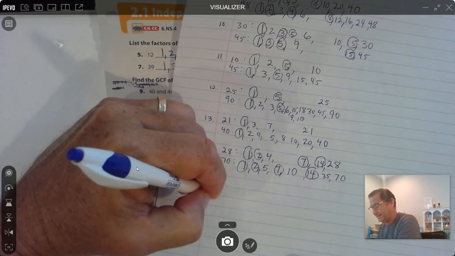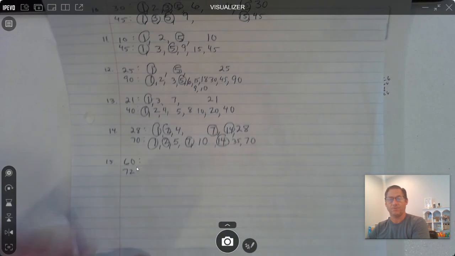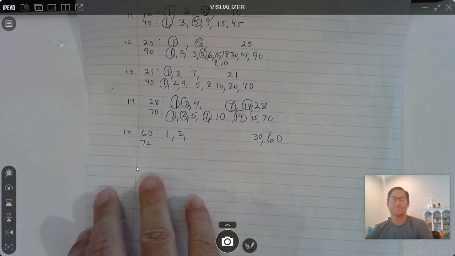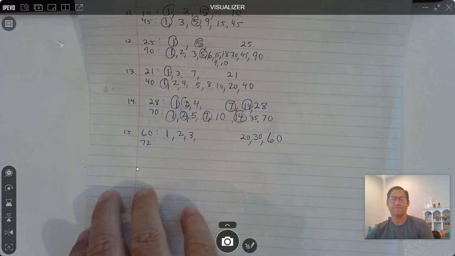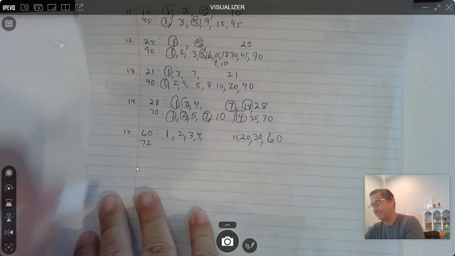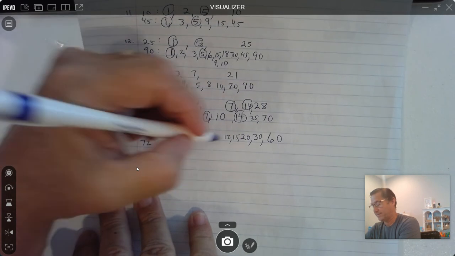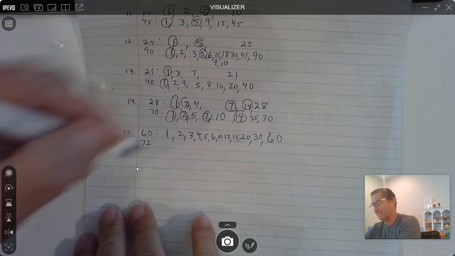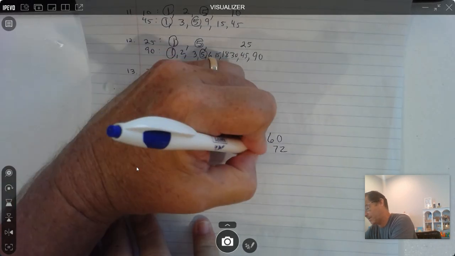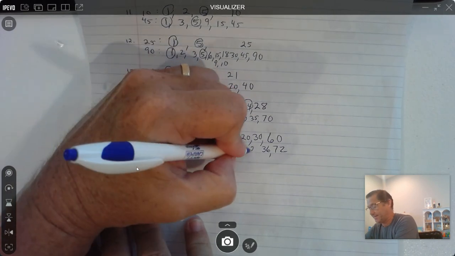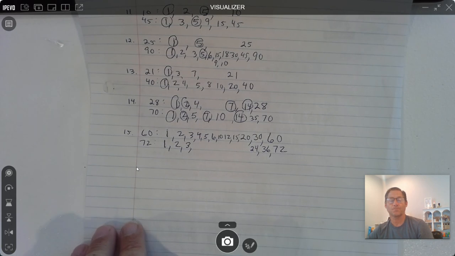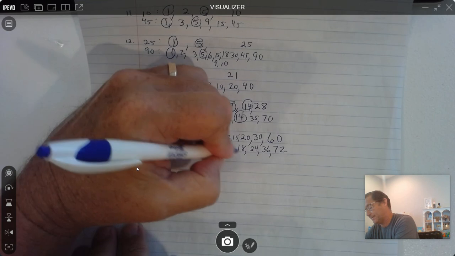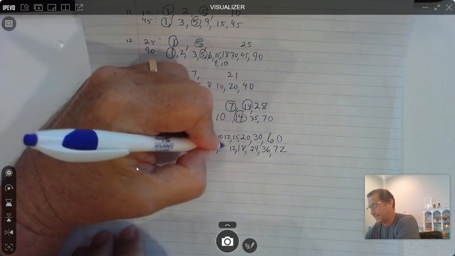15, 60 and 72. All right. So the factors of 60 are 1 and 60, 2 and 30, 3 and 20, 4 and 15, 5 and 12, 6 and 10. 72: 1 and 72, 2 and 36, 3 and 24, 4 and 18, 6 and 12, 8 and 9.